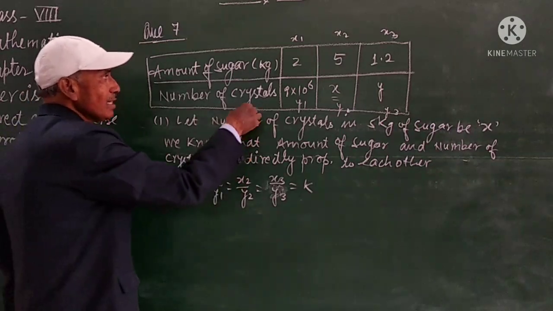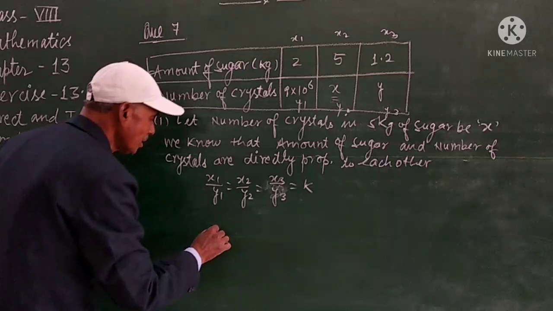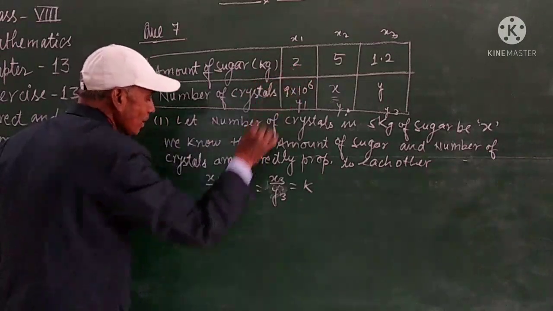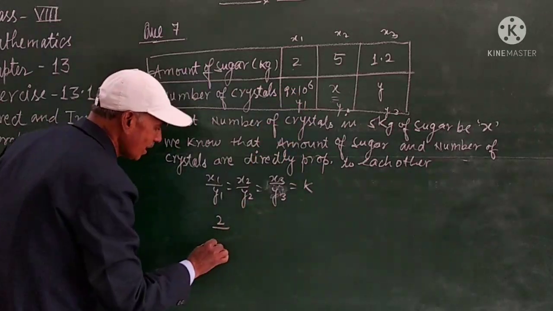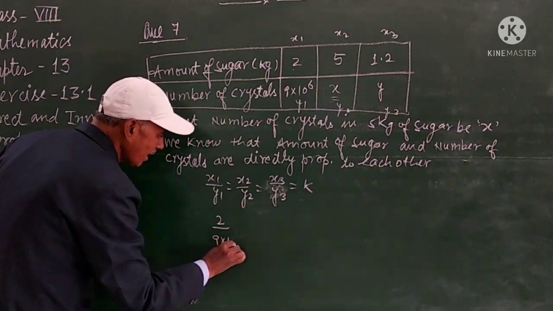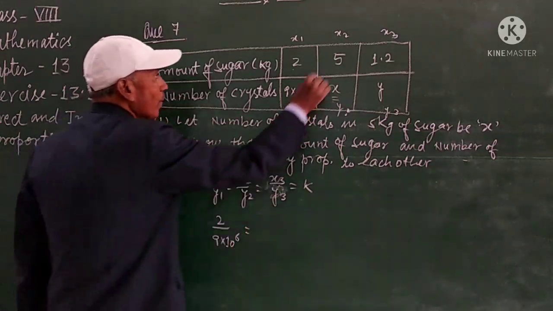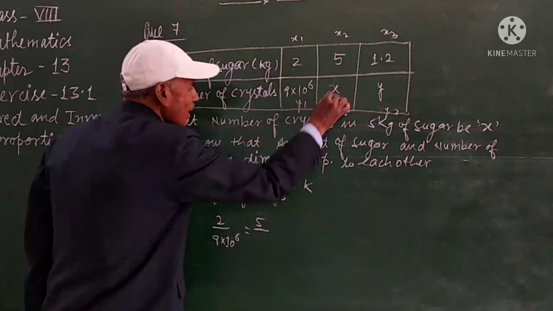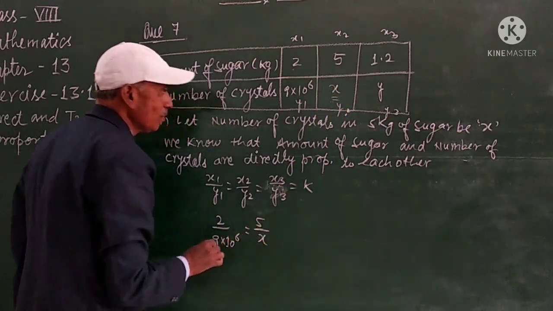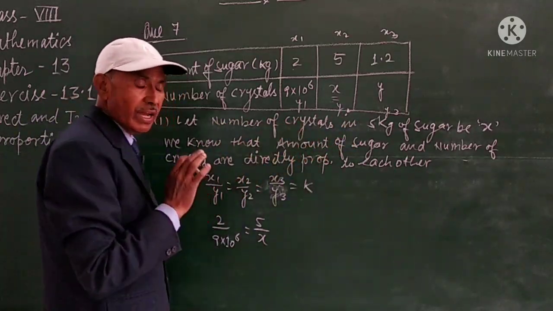So in this case, first of all, we have to find this first part. In place of x1 there is 2, and in place of y1 there is 9 into 10 to the power 6, is equal to 5 by this one x, because we have assumed that the number of crystals in 5 kilogram sugar be x.